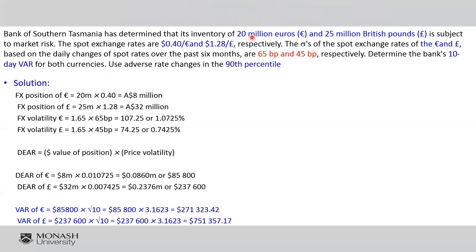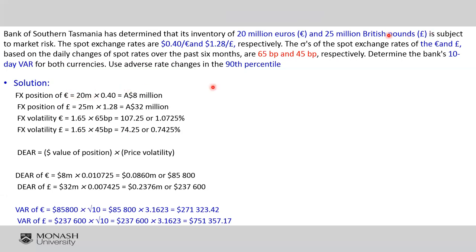So take this example. If I have 2 assets, 2 holdings, I have euros and British pounds, and I am an Australian company, for example. I have 25 million of British pounds, and I have 20 million of euros.